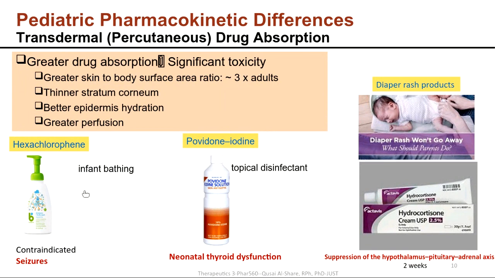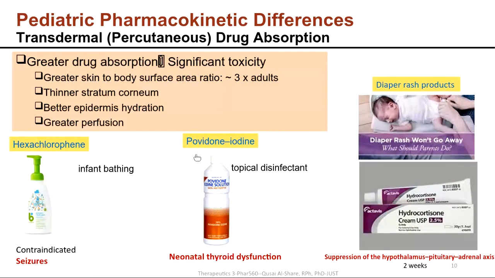They have a substance called hexachlorophene, normally the detergent available in that soap. If you apply it in newborns in larger quantities or more often, you will have systemic absorption. The problem is that it's contraindicated, especially if the child has seizures. It might cause seizures in those children.